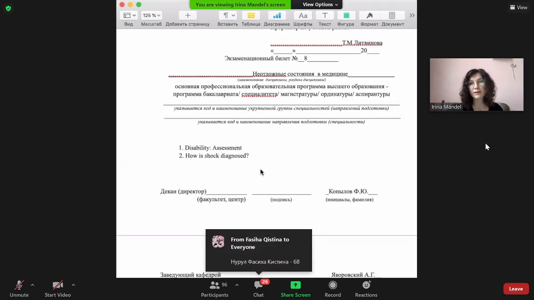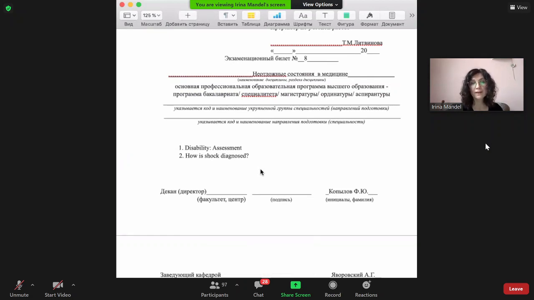You can provide the echocardiography. And in the ICU, we have the mobile X-ray. We can apply it right in the intensive care department.